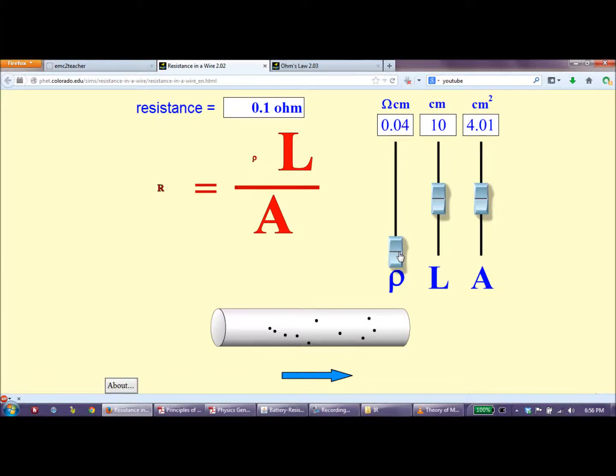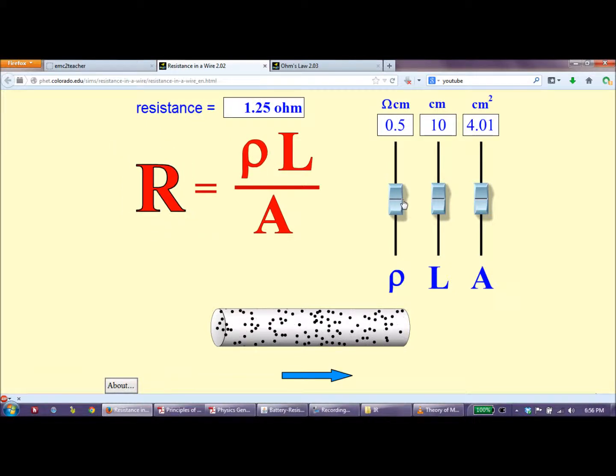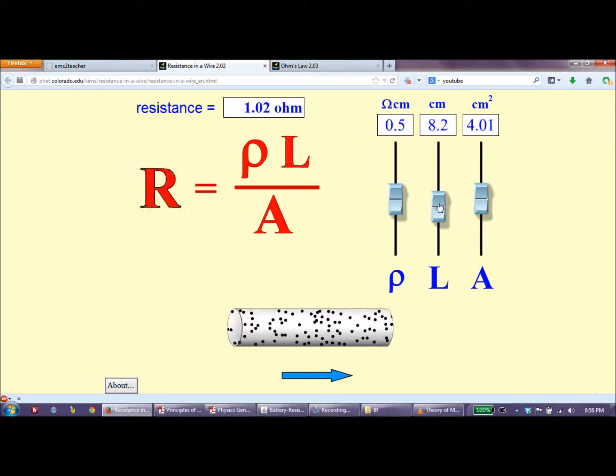So maybe I've got copper or platinum or gold down here, and now I've got a hunk of wood. So the resistivity is based on what the substance is made out of. The length, as I increase the length, I increase the resistance. There you have again a linear relationship. Decrease the length, decrease the resistance.